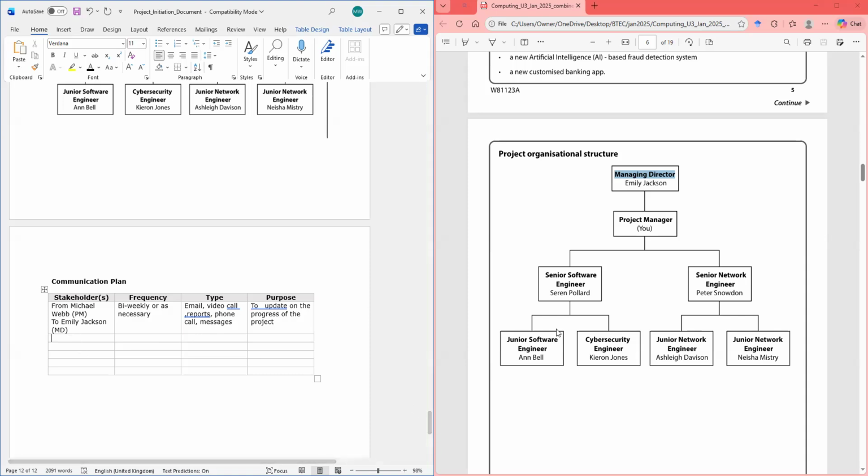So who else do we need to communicate with? We have the senior software engineer, Serene Pollard. I need to communicate with Serene Pollard.